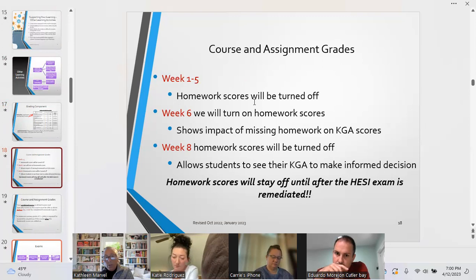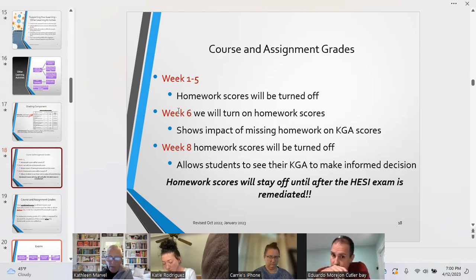At some point during the term, usually around week 6, I'll turn on homework grades just so you can see how your homework is affecting your grade. I don't usually have an issue with homework in any of my classes. I have occasional students who are not doing their homework, but for the most part, I try and stay right on top of you with homework. Your homework grade should be adding to your KGA grade, not lowering it.